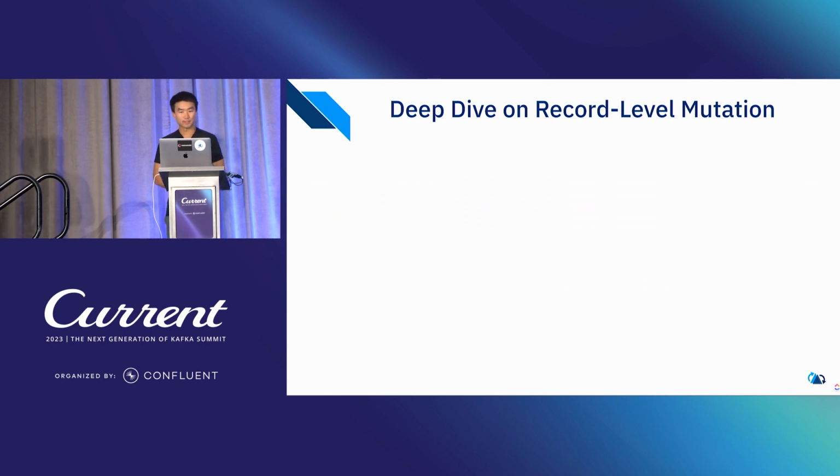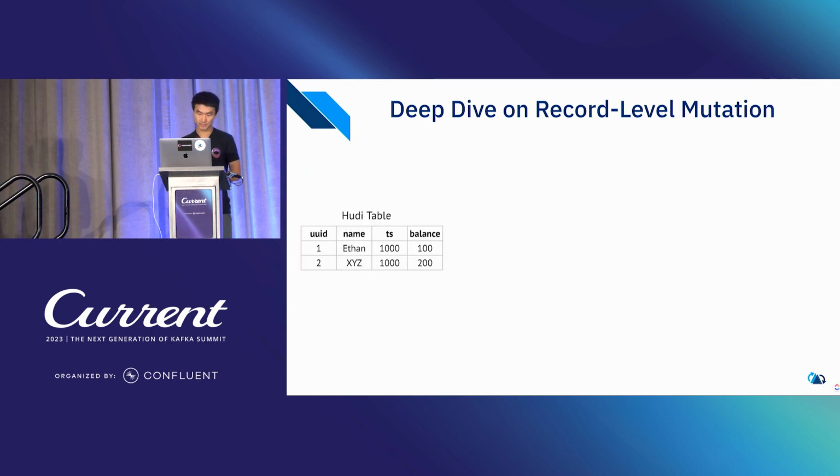Now, you may wonder how Hudi handles the record level mutation, which is the most important part in the incremental processing. Hudi provides the payload and merge API for inserts, updates, and deletes, so users can customize what they need. Let's take a look at an example in this slide.